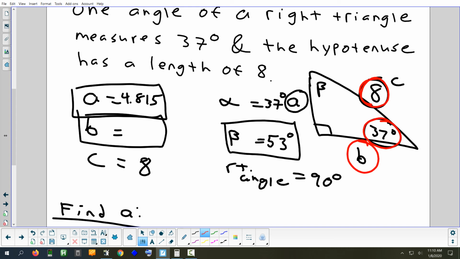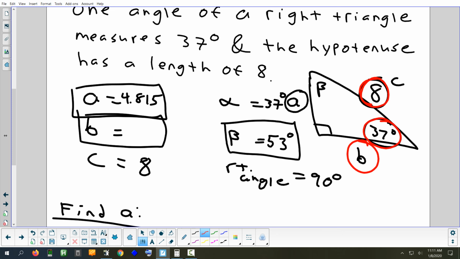So now focus on what I circled in red. Okay, we already know 8 is the hypotenuse. Sam, what's the side that's B? Adjacent. That's the adjacent. Yep. And Emily, if we want to use a trig function that involves adjacent and hypotenuse, which one is it?